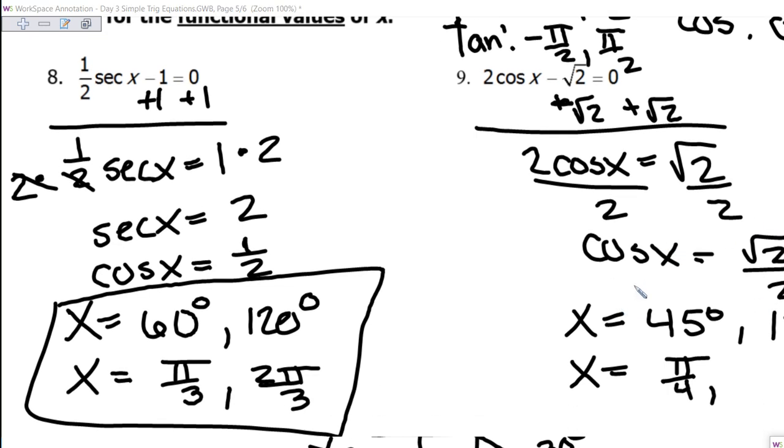And 135 degrees would be 3 pi over 4. So again, make sure if it's cosine principal values, it's just angles between 0 and 180 degrees.